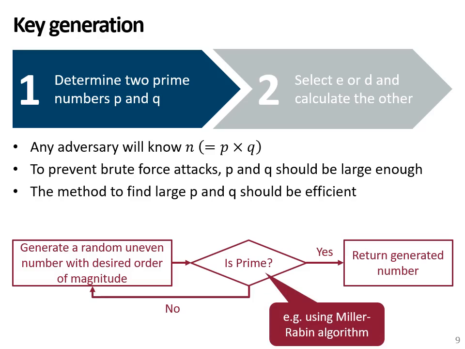An example of this includes the Miller-Rabin algorithm. Such a probabilistic method will give you a certain percentage probability whether or not a number is prime. Usually enough tests are performed to make sure that this probability is very high and close to 1. If the number is considered prime, it is returned. This process can be repeated for generating both p and q.